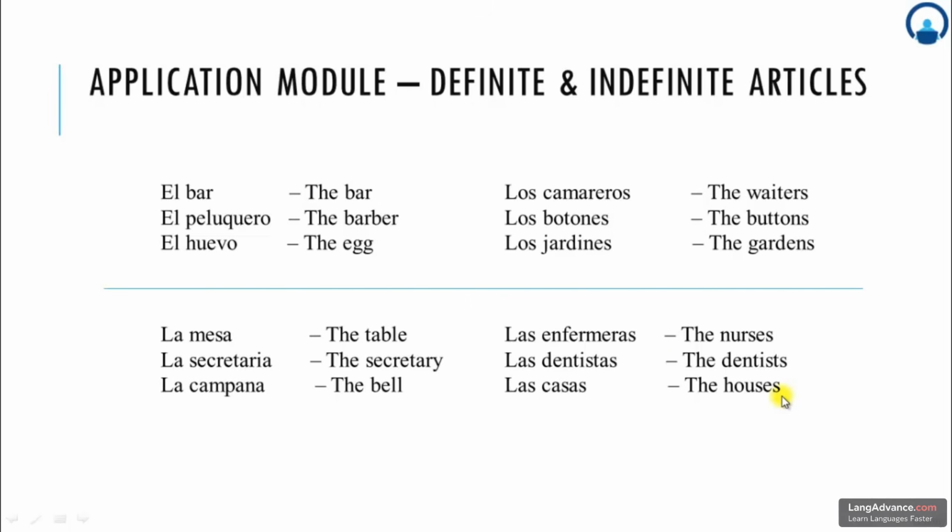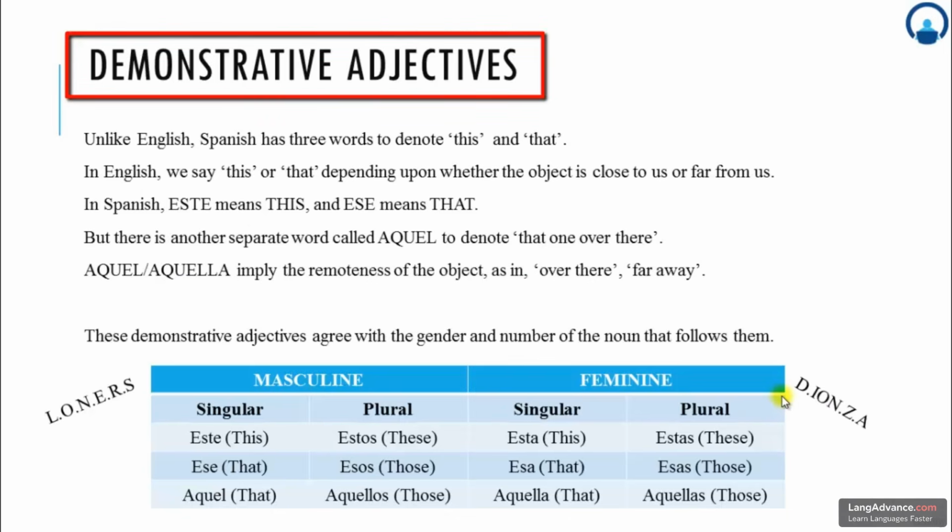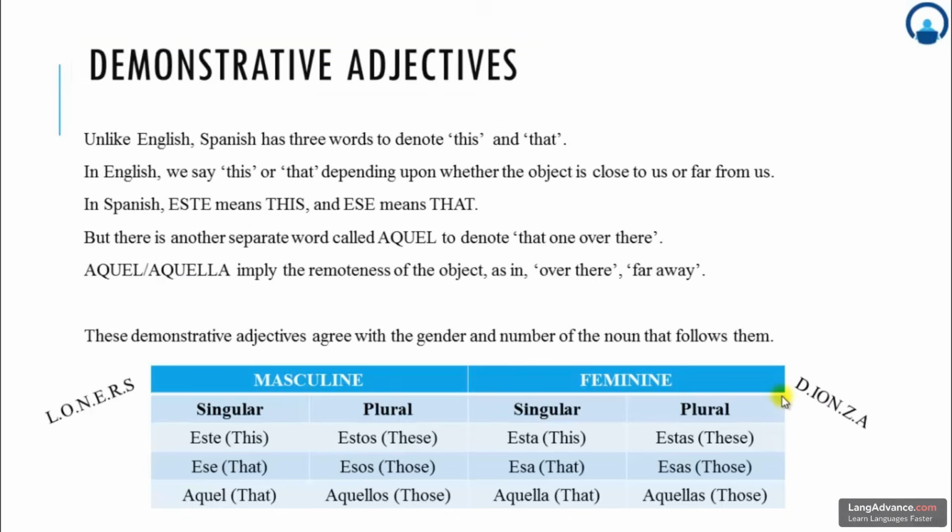So after learning about definite and indefinite articles, let's move on and learn something about the demonstrative adjectives. Demonstrative adjectives, unlike English, Spanish has three words to denote this and that. So in English we use this and that, but in Spanish we have got three of them.